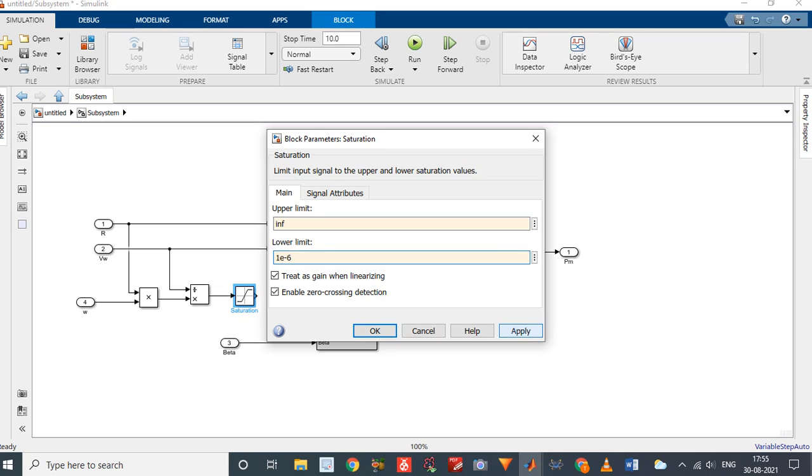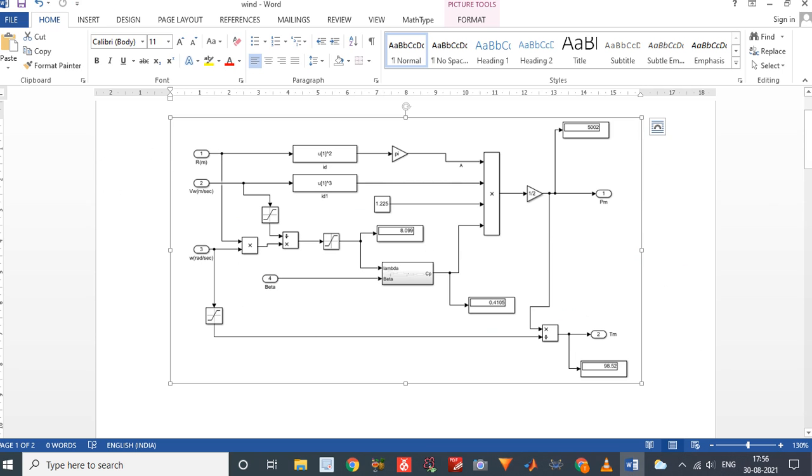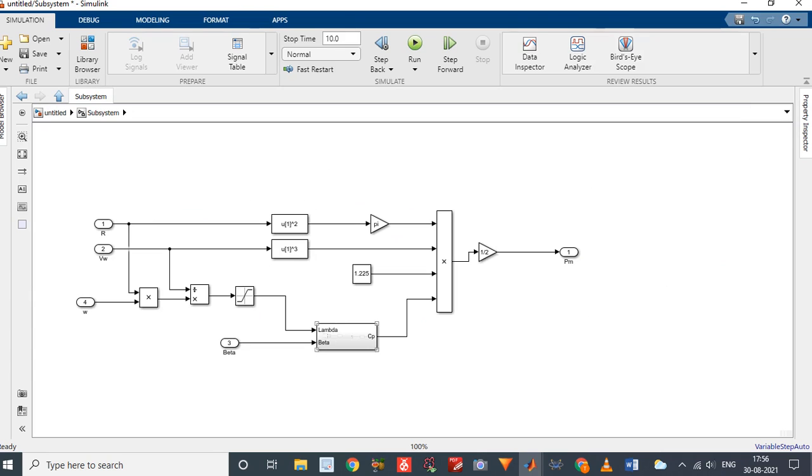Why are we using saturation? Because lambda should not be 0. If there are any changes in the value, the lambda will get 0. That's why we have to keep saturation. Okay.